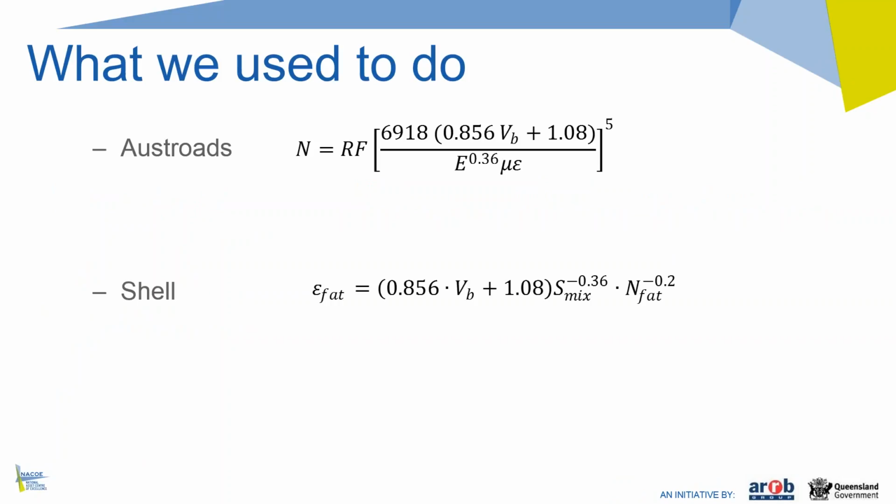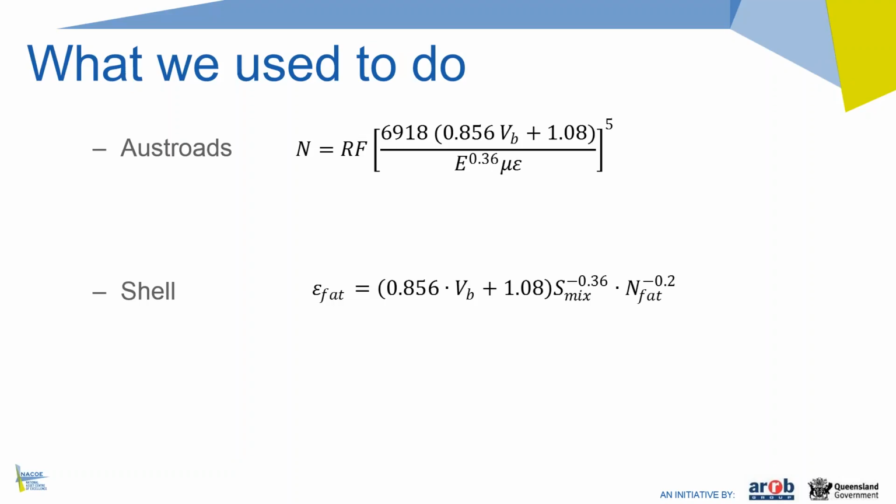Okay, so again I'm going to take you through what we're doing currently and what we propose to do going into the future. What this slide shows is the current Osterode fatigue equation at the top, and most of you will be familiar with that.